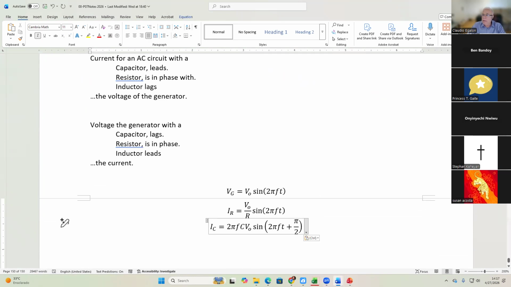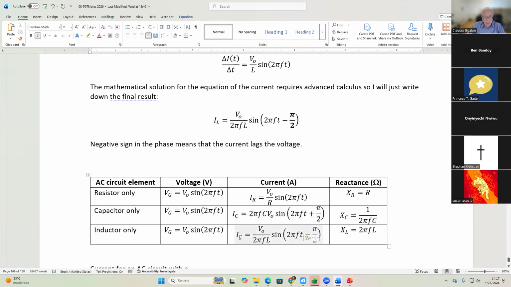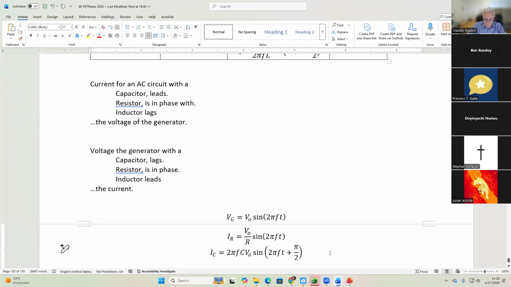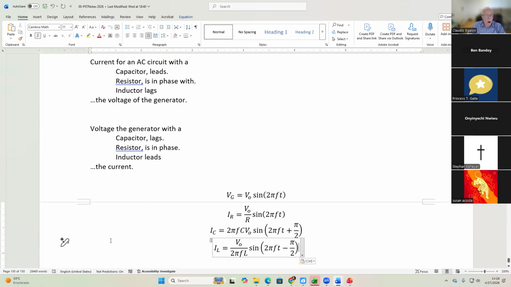And then current of the inductor, I sub L. So all those equations for the current are taken in relation to the voltage.